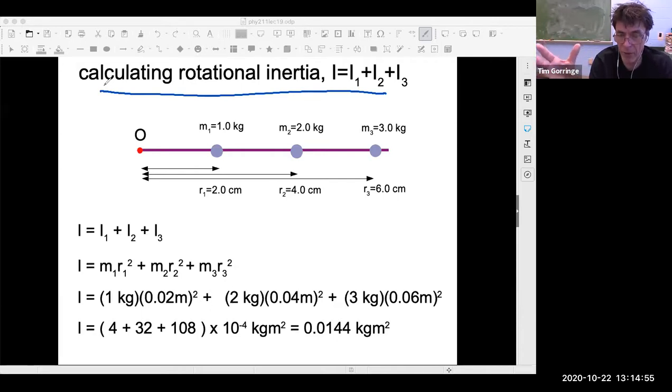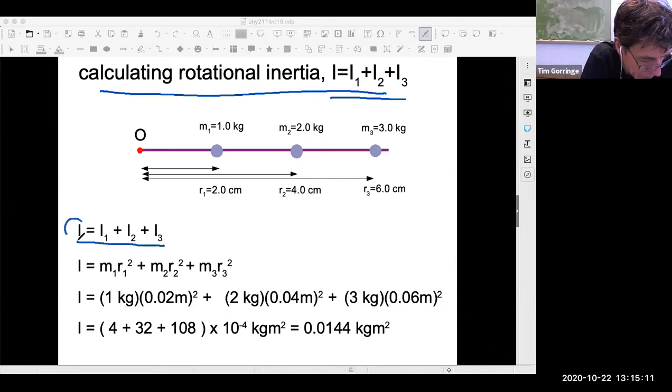So I'm going to write that moment of inertia I as the sum of a moment of inertia I1, I2, and I3 of the 3 individual masses. That's the basic idea here. That's my approach, and that's what I'm starting with. This is the moment of inertia of the entire object, and I1, I2, and I3 are the moments of inertia of the 3 individual masses.